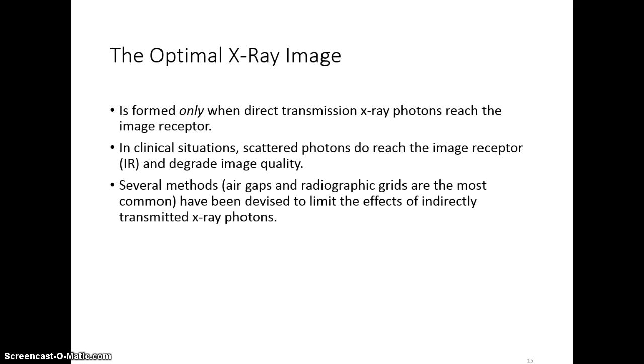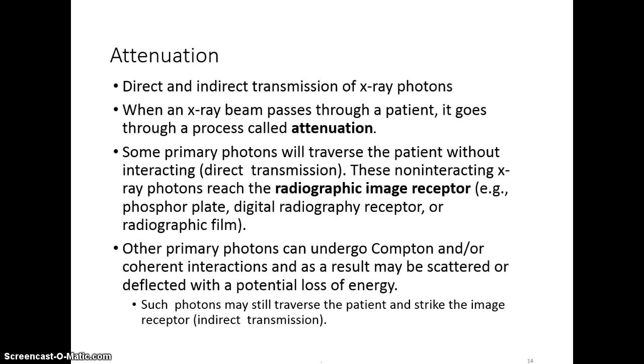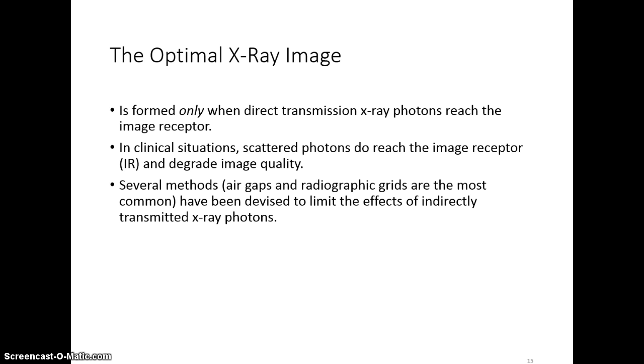On this next slide, it says an image is formed only when direct transmission X-ray photons reach your image receptor. And if we go back to the slide before, direct transmission, some primary photons will traverse the body without interacting, and that's direct transmission.